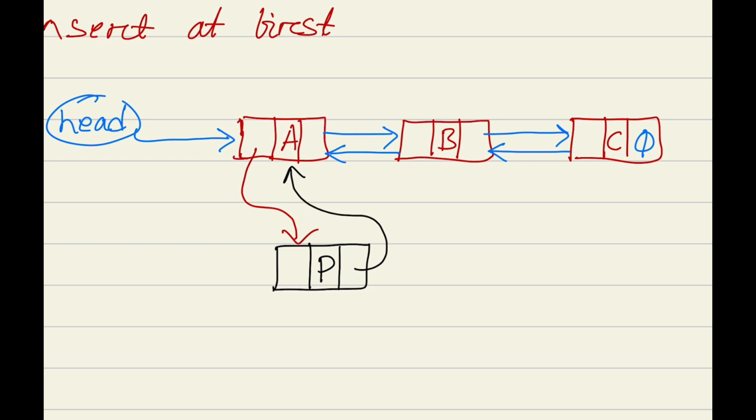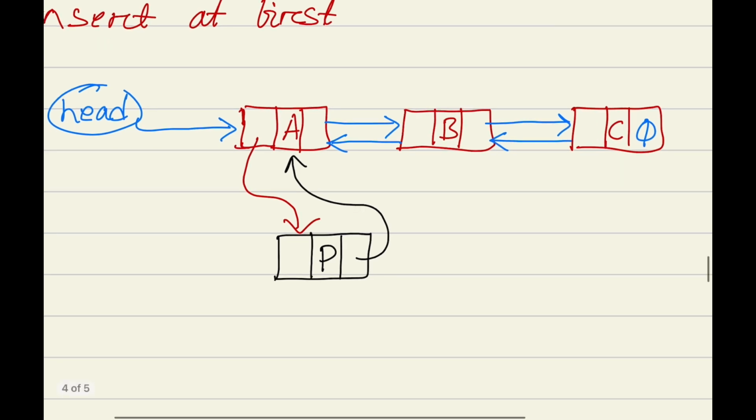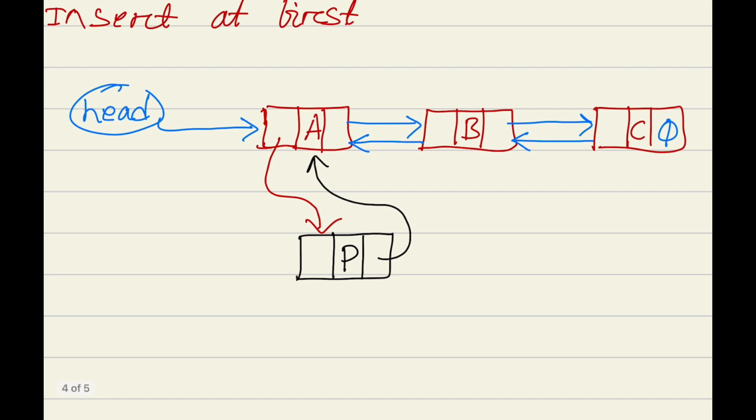Now what is the next step? In the next step we are going to update the head. So head is referring to this A. Now we are going to update the head so that it is going to refer to P. So just update the head, that means head is now going to refer to this one.